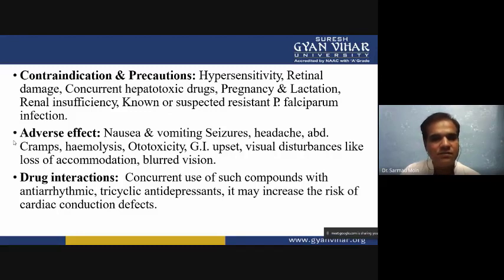So these side effects can occur, and if the patient has hypersensitivity or a history of hepatotoxic or renal problems, then we always have to avoid it.